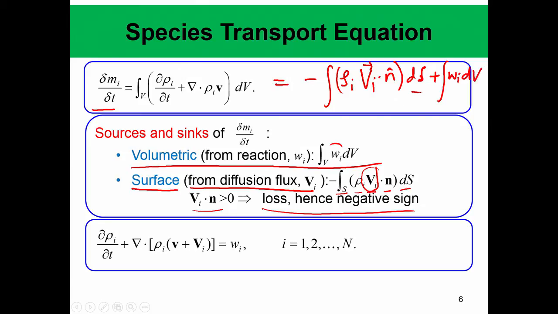Of course, you can now convert this surface integral to a control volume integral, and then it is balanced.